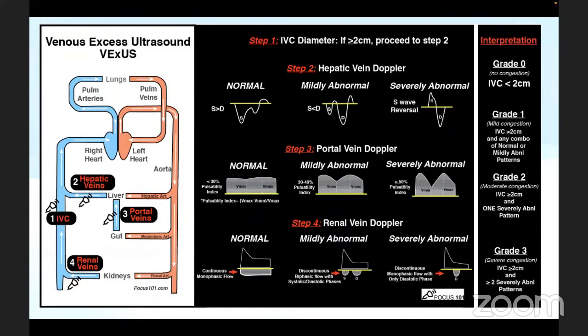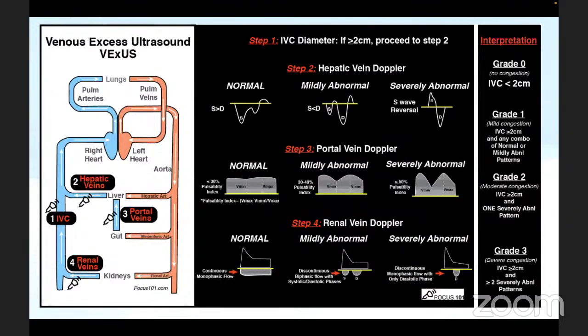In the portal vein, you see for the pulsatility whether it is less than 30%, 30 to 50, or greater than 50%. So this is purely a visual appreciation. You don't require any kind of calipers to be used.